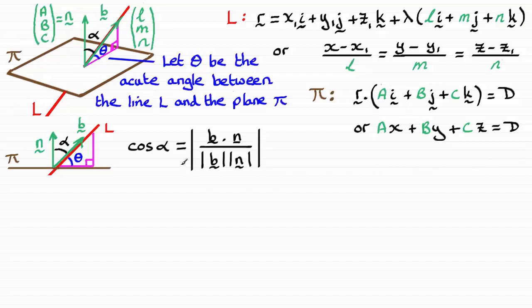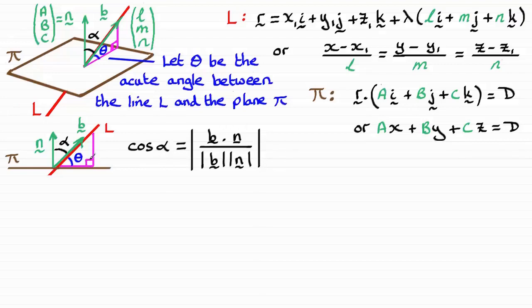That is, that cosine of the angle alpha equals the modulus of b dotted with n, all divided by the magnitude of b times the magnitude of n. You'll notice I've got these in a modulus sign because I'm looking at the positive value, which will give us an acute angle for alpha.